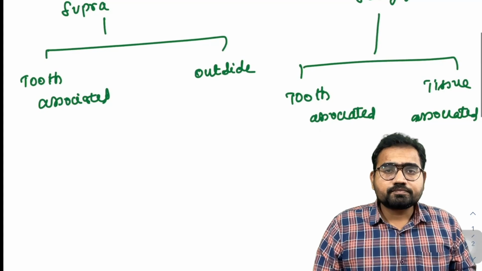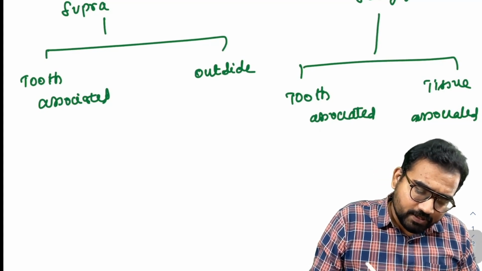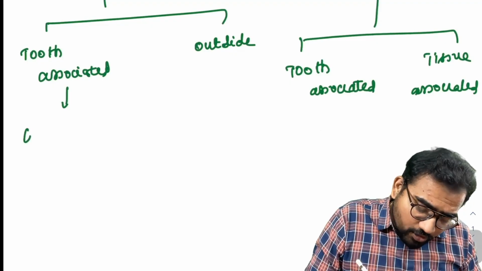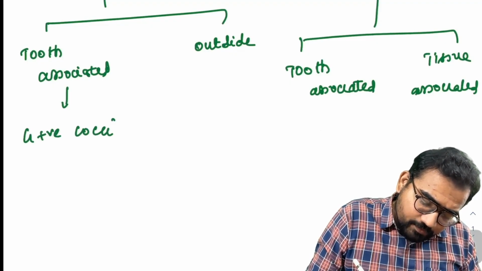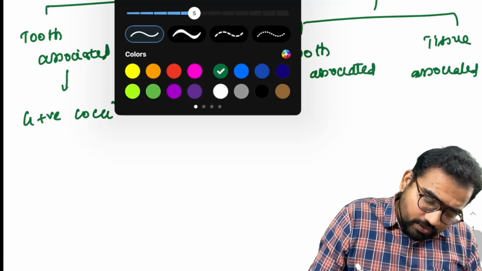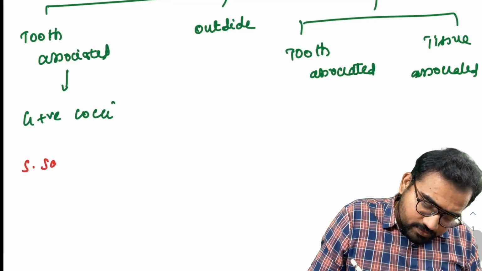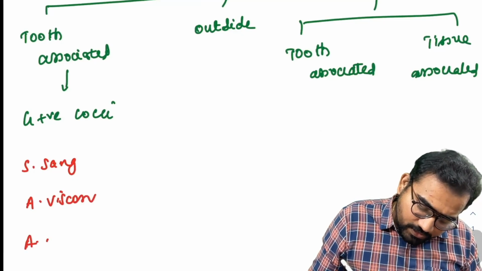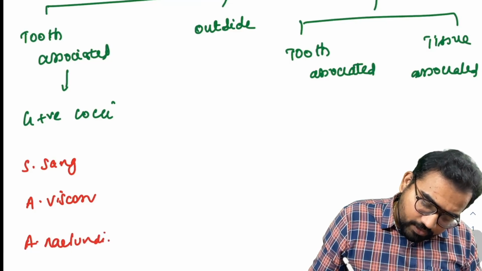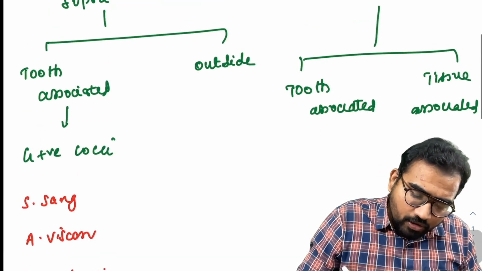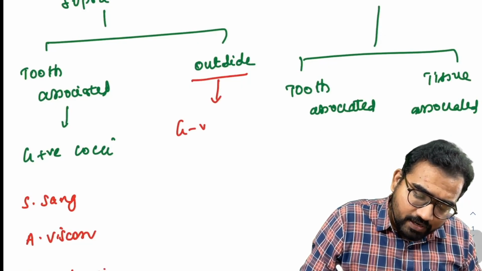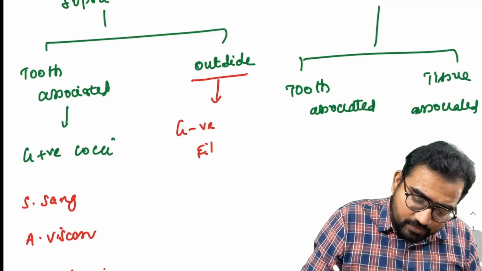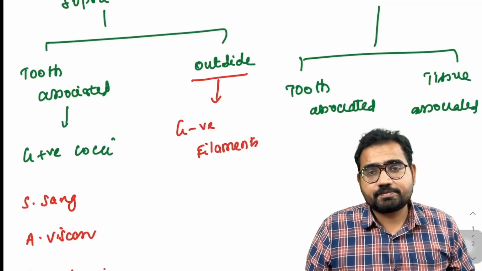If the supragingival plaque is tooth associated, it will predominantly have gram positive cocci, which are Streptococcus sanguis, Actinomyces viscosus, Actinomyces naeslundii. And the supragingival plaque outside will have gram negative filaments.